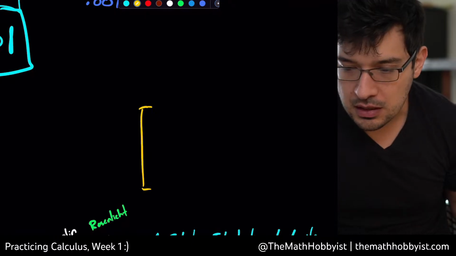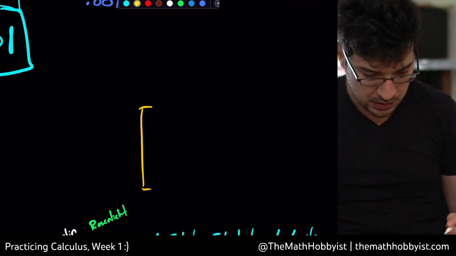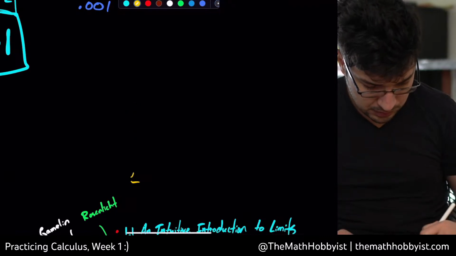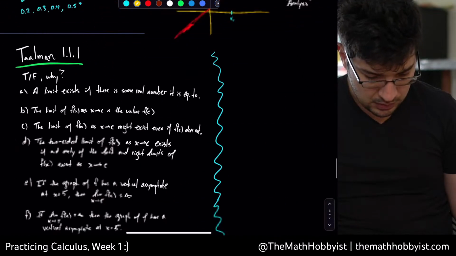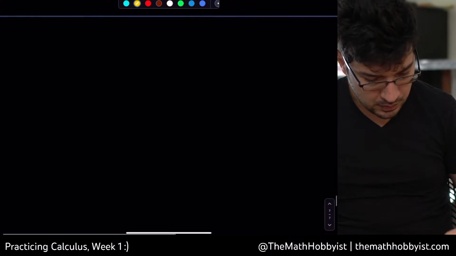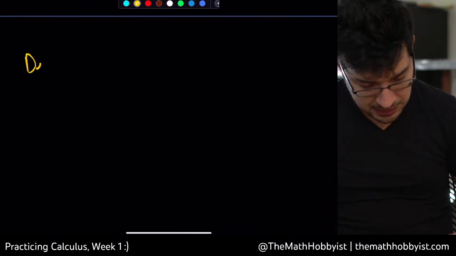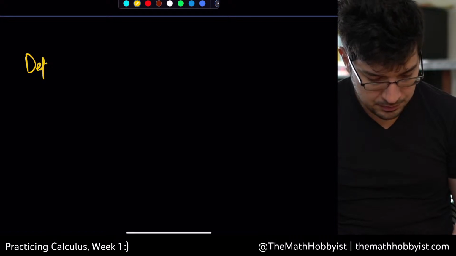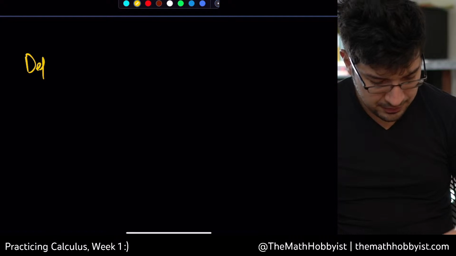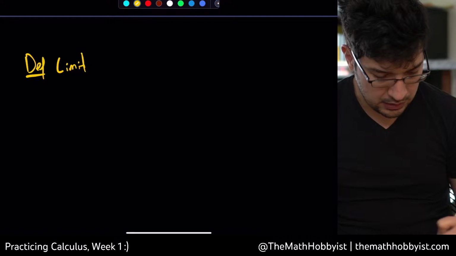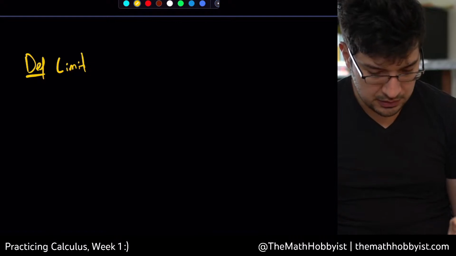That's what I want. Okay, so definition 1.1 is a little longer than I expected. Let's do this. I'm going to take a new page. Apparently yellow has turned into my definitions color. Definition of a limit.